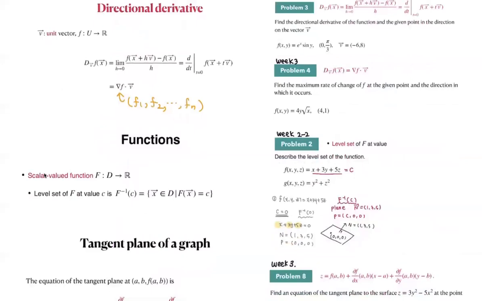And if we think about the scalar function, there would be the level set of f. So as you can see in this problem, the level set of this function f is given by, like this.